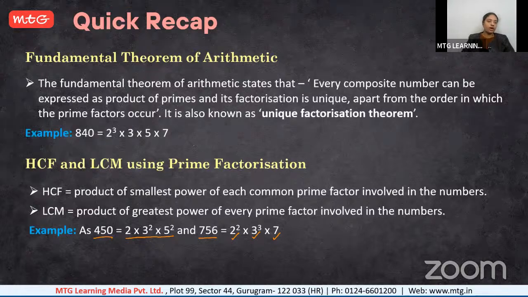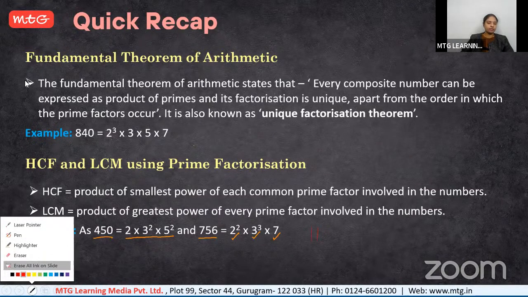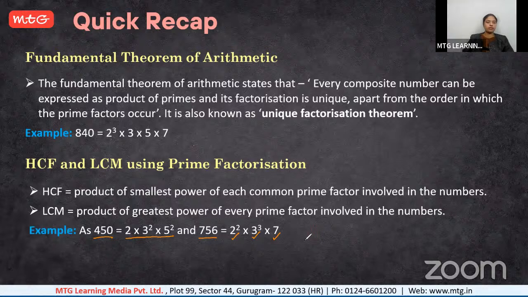Now, if you want to find the HCF of these numbers, what will we do? I am supposed to choose the lowest power of every common prime factor. What are the common prime factors in this? 2, I have 2 also in this. 3, I have 3 also in this.